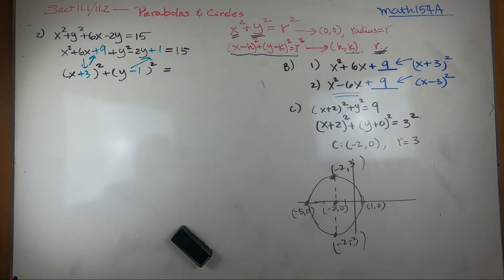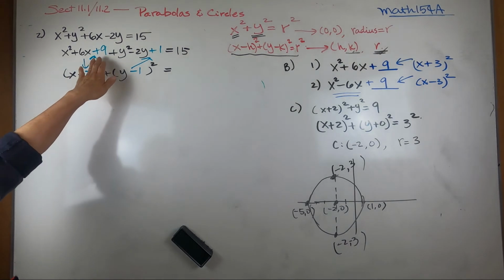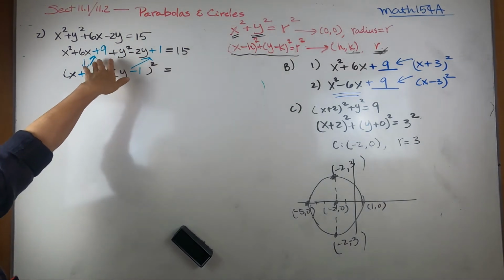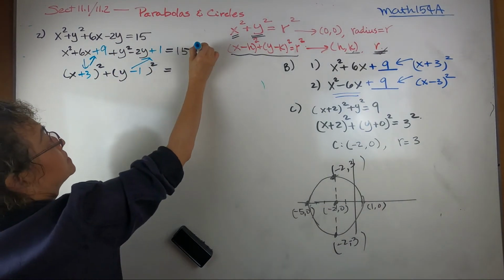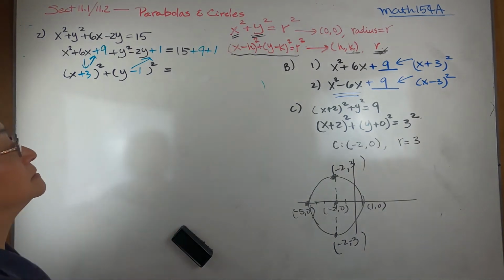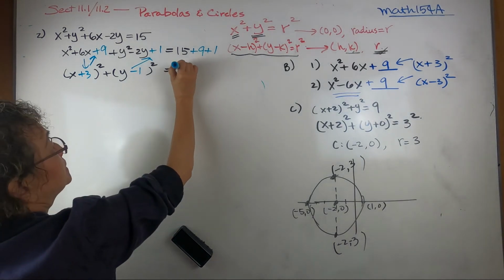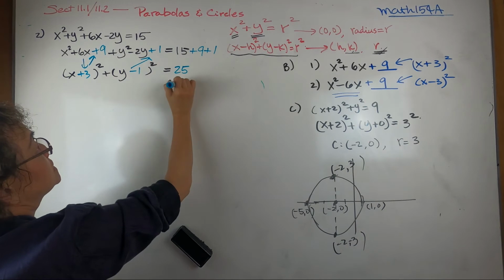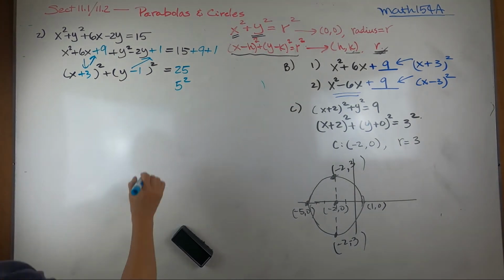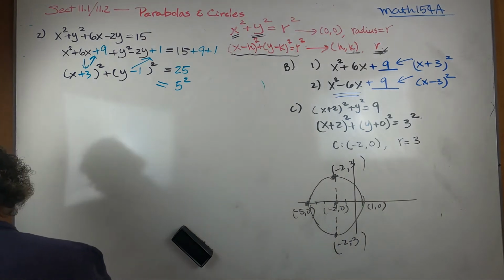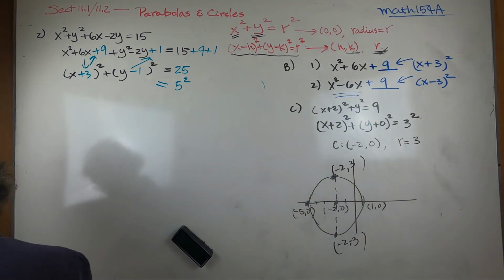Then if we do that, this side you inject the 2 more numbers, you have to balance it to go back to the original equation, right? So that will be 25, which is 5 squared, right?